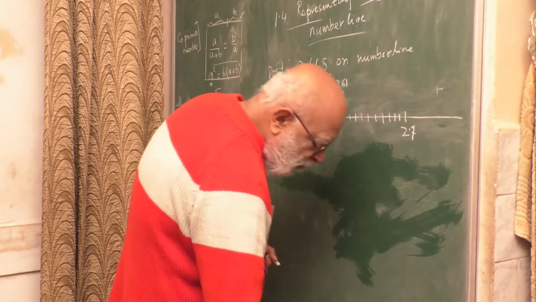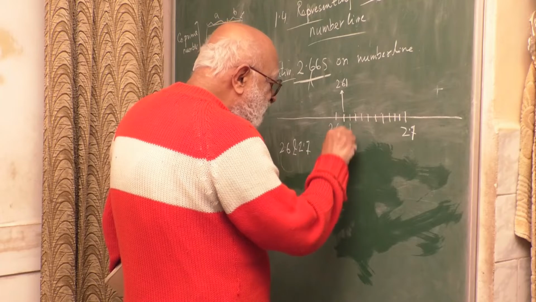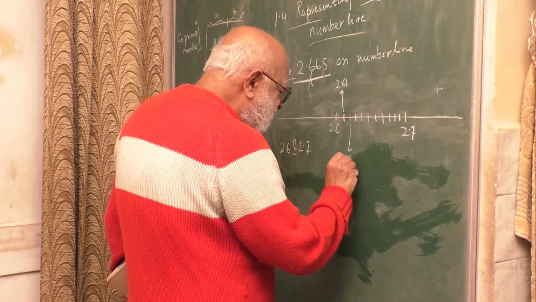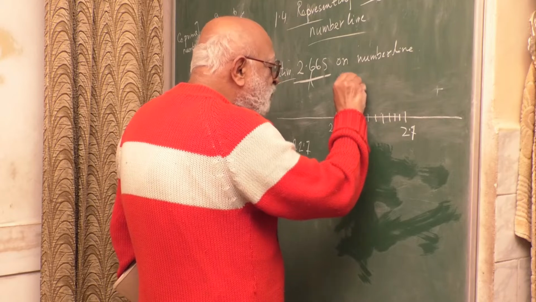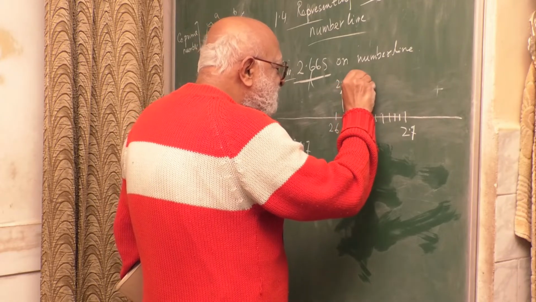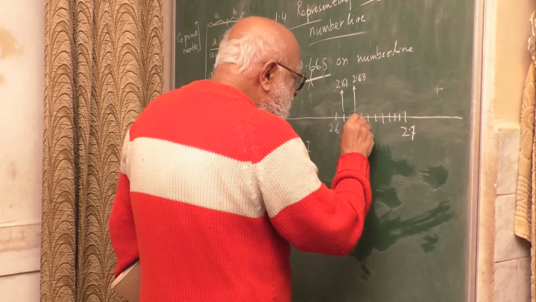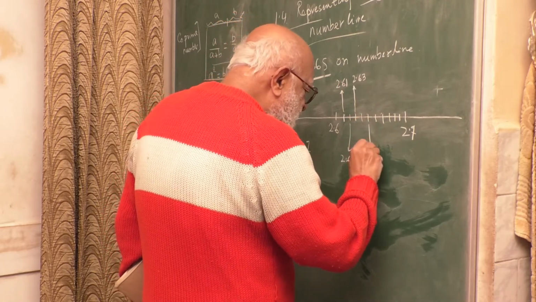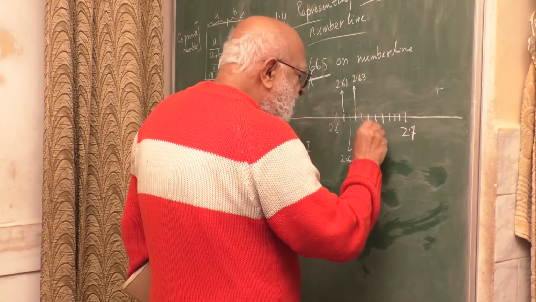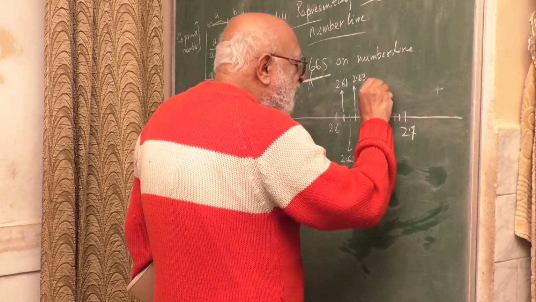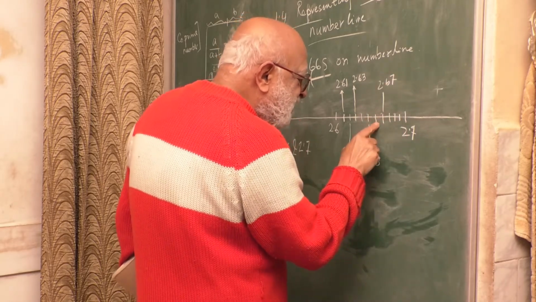So I will do it this way: 2.61, next one will be 2.62, this one will be 2.63, and continue. 2.64, this one 2.65, next one 2.67 because I have skipped this.